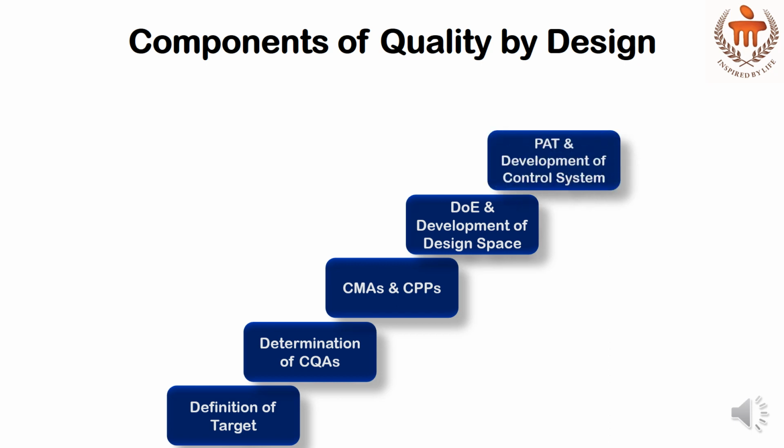Then to assess the responses like the particle size, PDI, zeta potential, we introduce some technologies. For the determination of particle size and PDI, we use photon correlation spectroscopy. This comes under the PAT, process analytical technology.